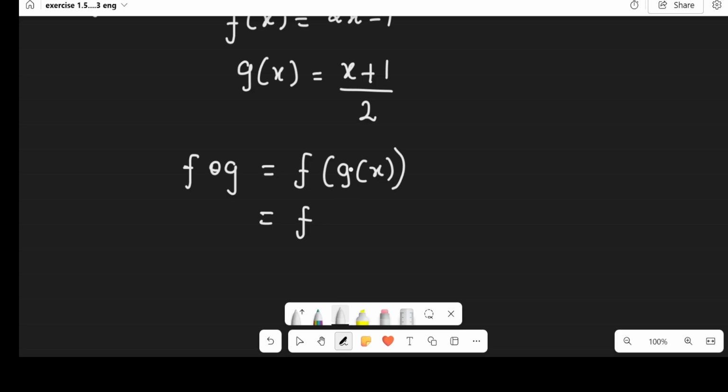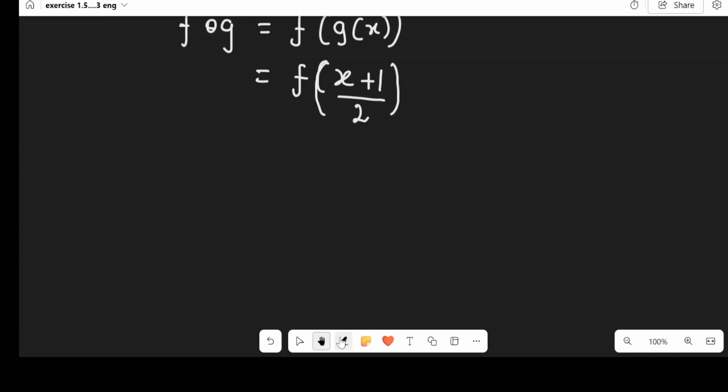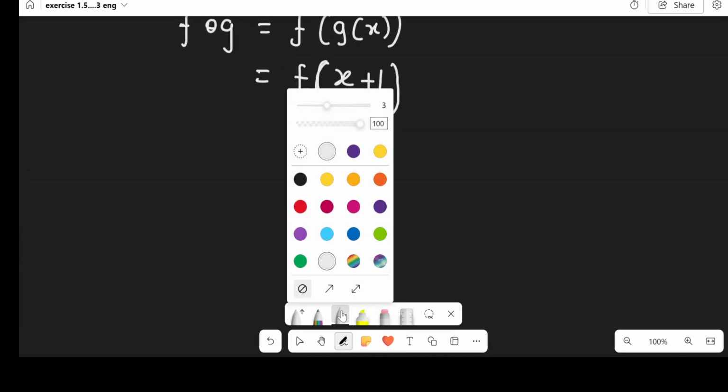Here, what we have to do is apply the value of g of x here. What is given in the question? What is g of x? This one, right? X plus 1 divided by 2. This is the g of x value.